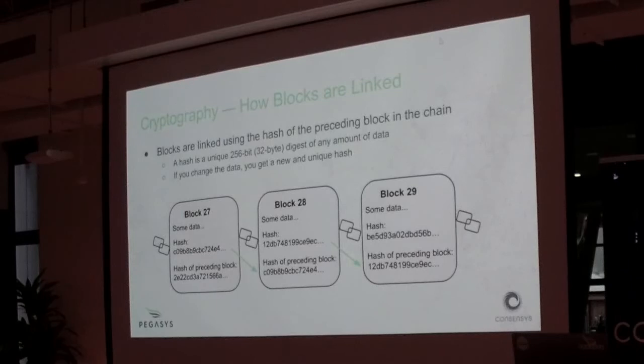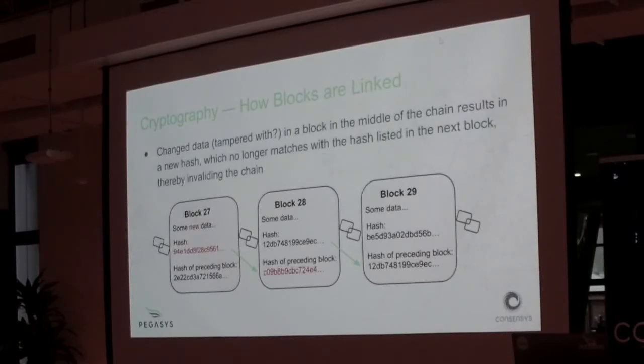If some of the data was tampered with in the middle of the chain, it completely invalidates the chain, because now we have a new hash for block 27 which no longer matches the hash of the preceding block stored in block 28.